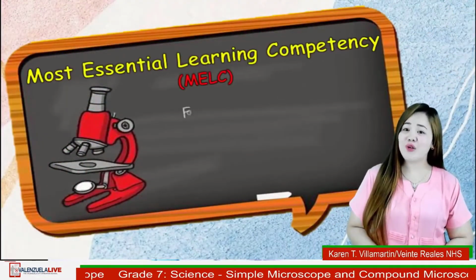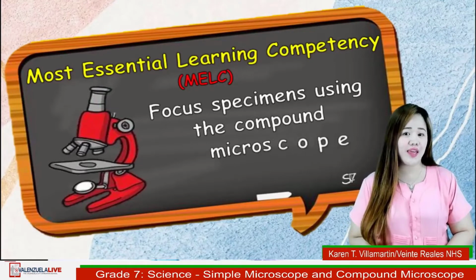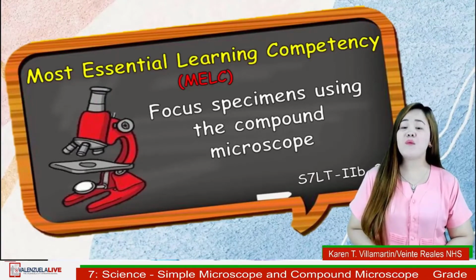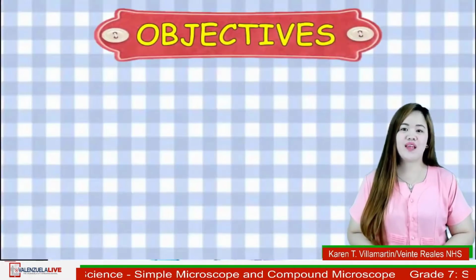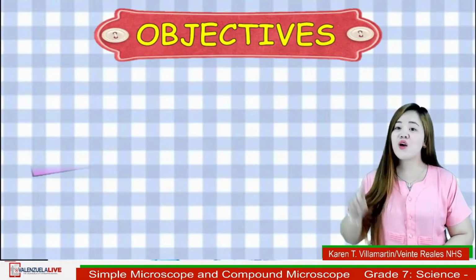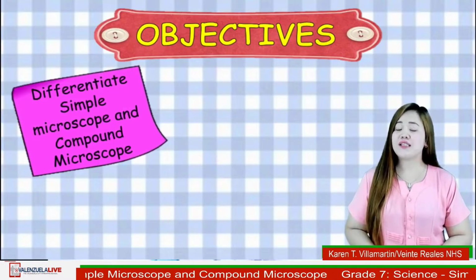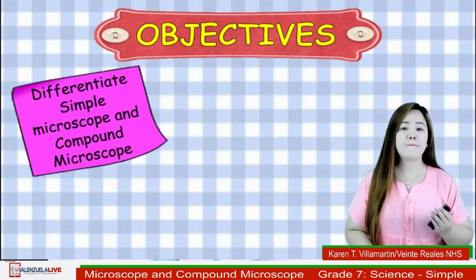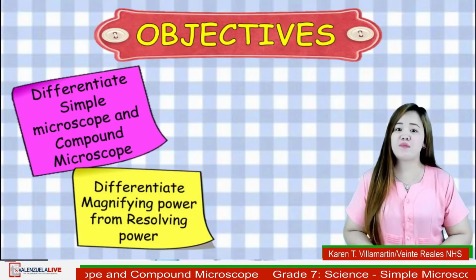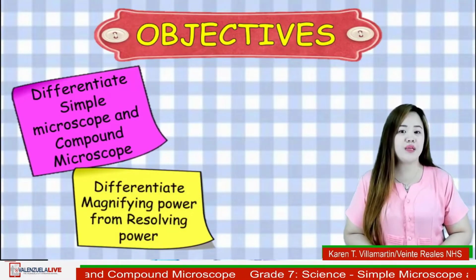And for our most essential learning competency today, you should be able to focus specimens using the compound microscope. And these are the objectives that we need to achieve today. First, differentiate simple microscope and compound microscope. Second, differentiate magnifying power from resolving power.